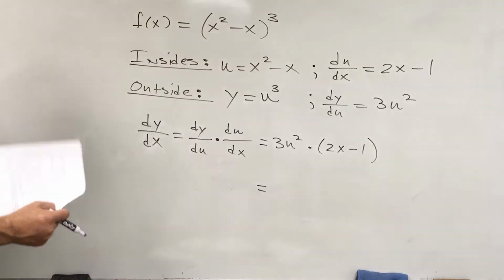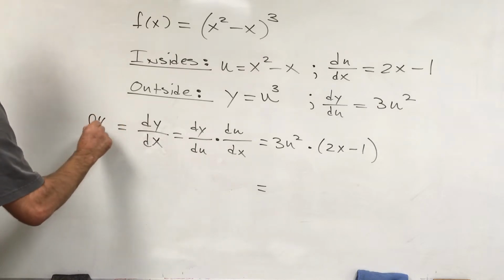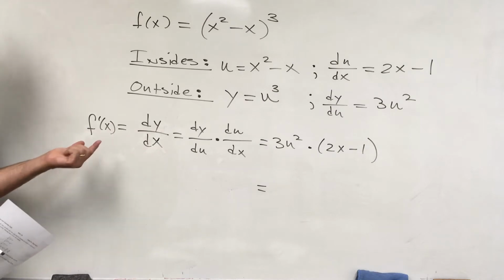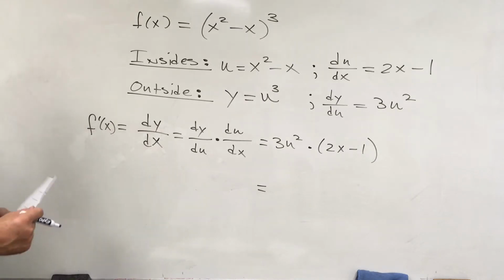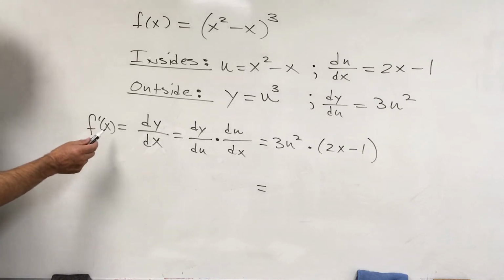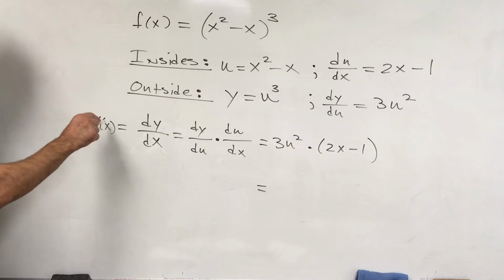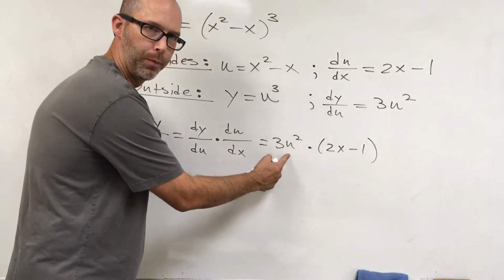Now, remember, this is dy dx. Another way to think of this is f prime of x. Leibniz notation, prime notation, both mean the same thing. This is the slope of the tangent line at x. Now, if we wanted to find f prime of 1, right, we could put a 1 in for all the x's, but we still would have a u.